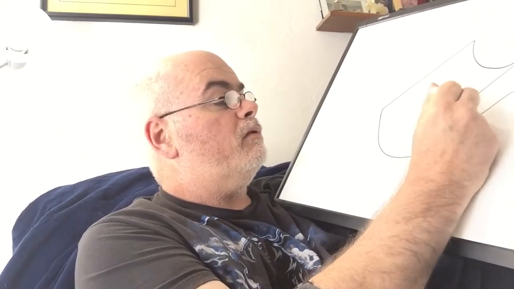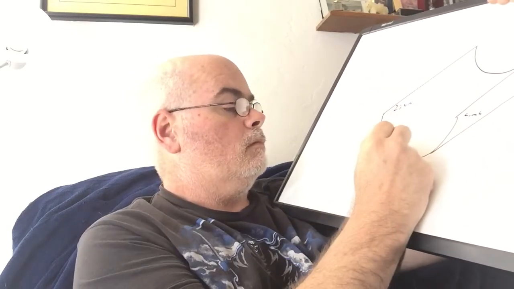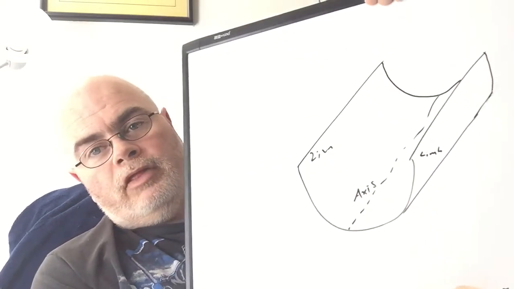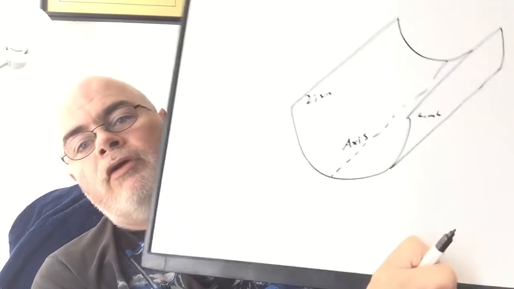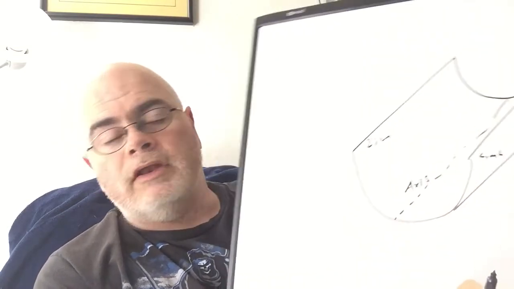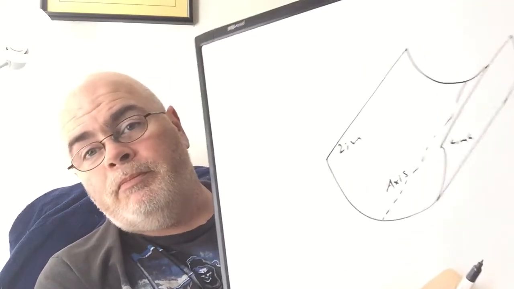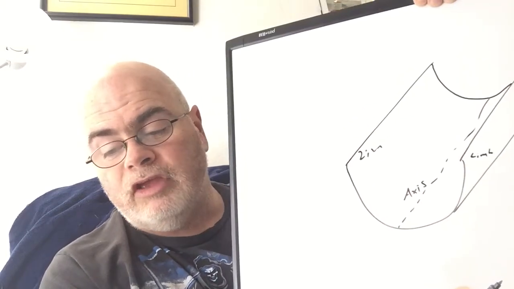So again, this would be the limb, and the axis, like that. So with these two folds, it's very simple. As long as the axis is horizontal, we just call it an anticline or a syncline. If the axis is at an angle, we call it a plunging syncline or plunging anticline.